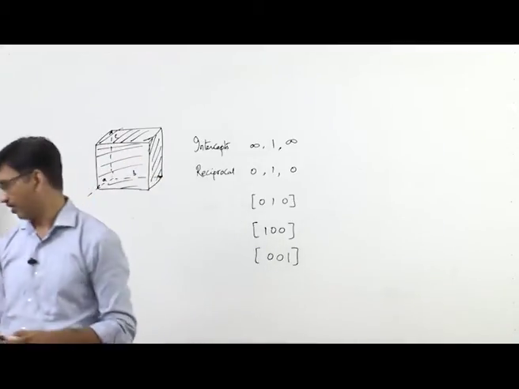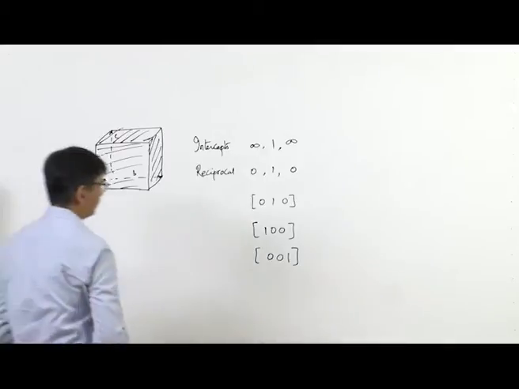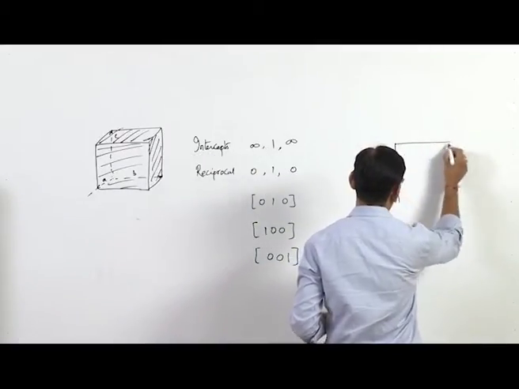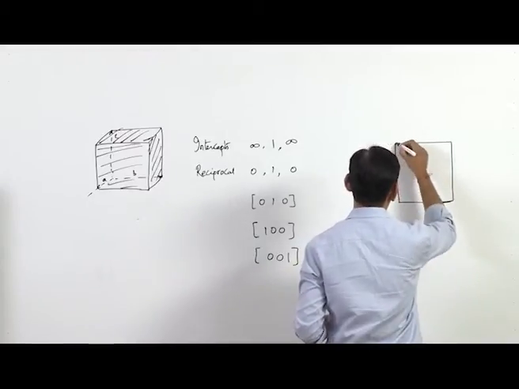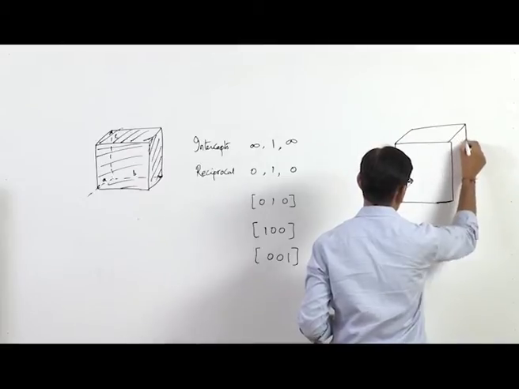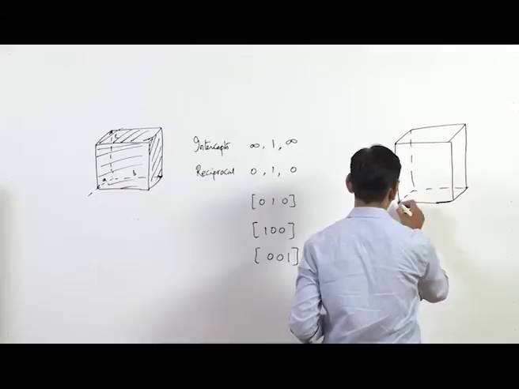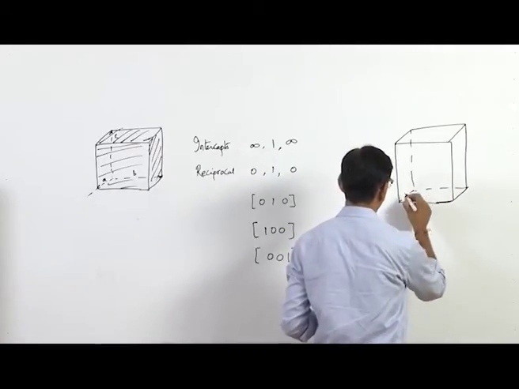Let me again draw another unit cell. Let us see, I will draw it here. You should do a lot of practice with drawing all these things, so that it does not take much time.